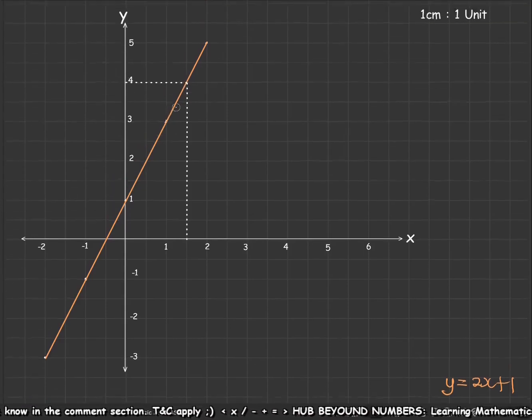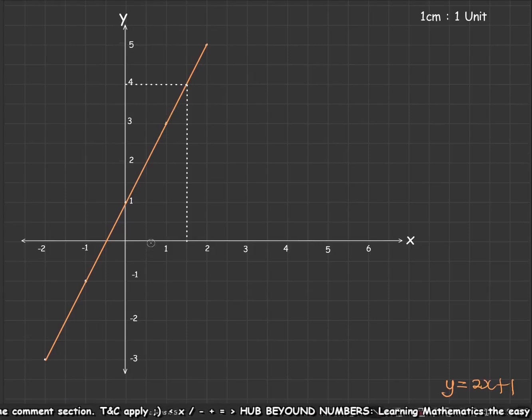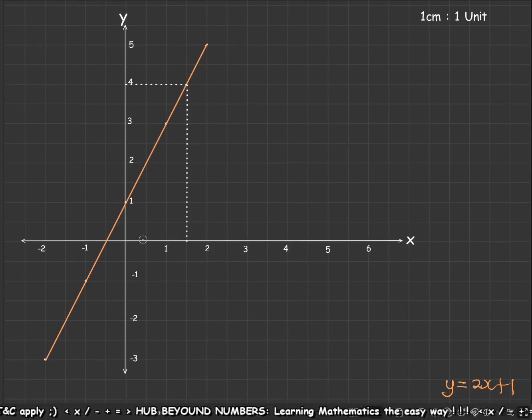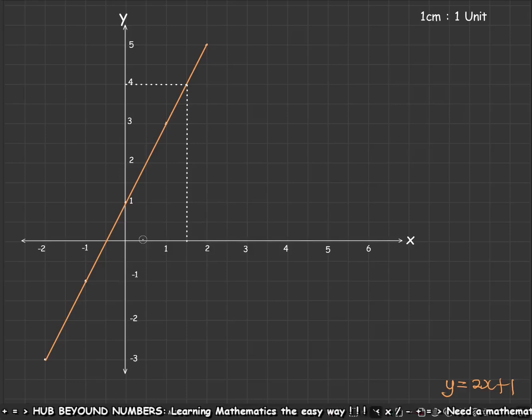What the question is saying, what is the value of y when x is 1.5, is that you don't put 1.5 into the equation, but rather you come to your graph and look for where 1.5 is, trace it to hit this line here, and then trace it to meet the y-axis over here.